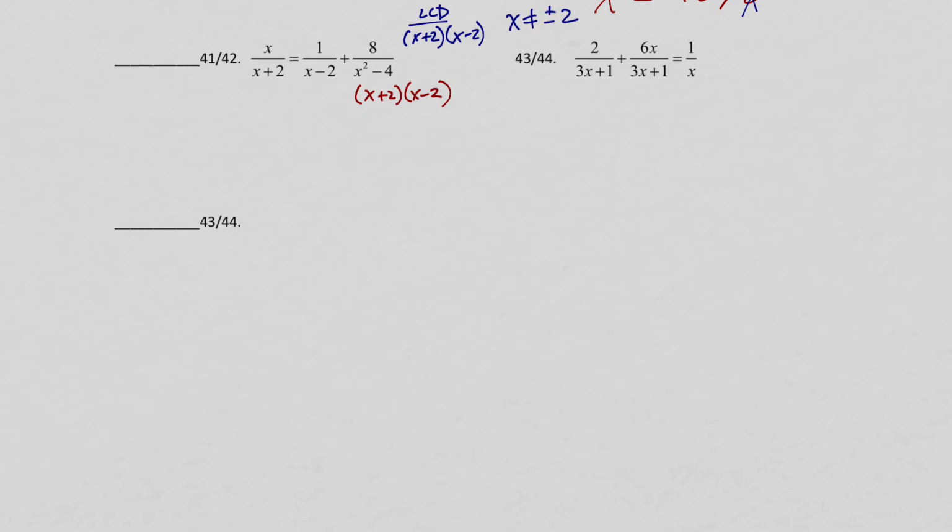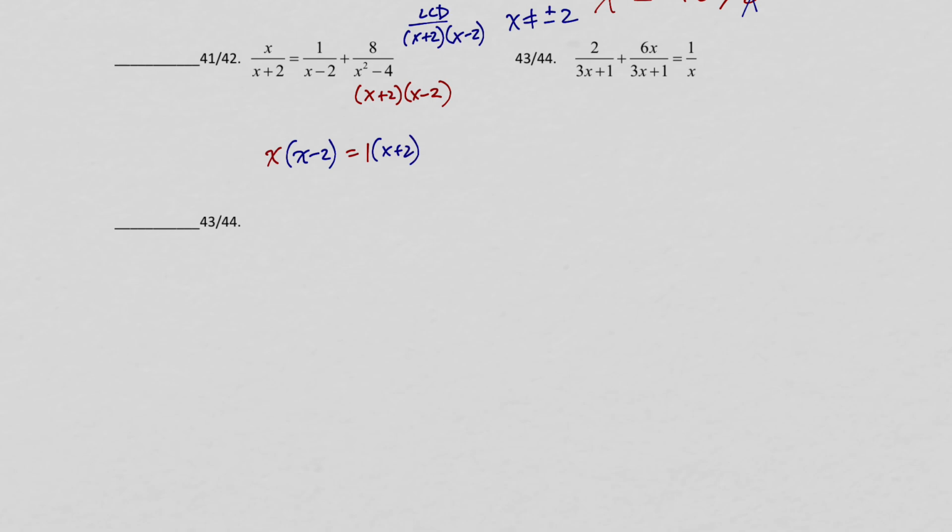So now, I'll take this numerator, the x, and I'm going to multiply that by what's missing from the denominator, the x minus 2. And then I have equals 1, and I'll multiply this by what's missing from the denominator, the x plus 2.